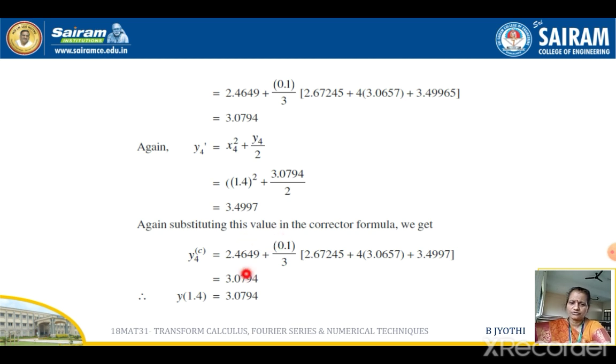First stage, by data, x0 is 0 and y0 is 1. f of xy is x plus y square. Therefore, f of x0 y0 is 0 plus 1 square, that gives us 1. And x1 is x0 plus h, that is 0.1. So h is 0.1.